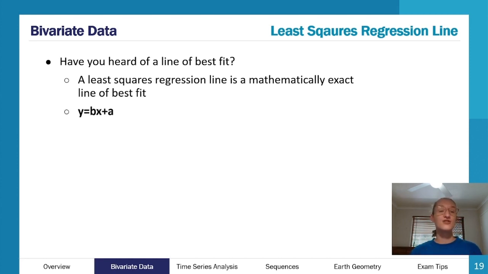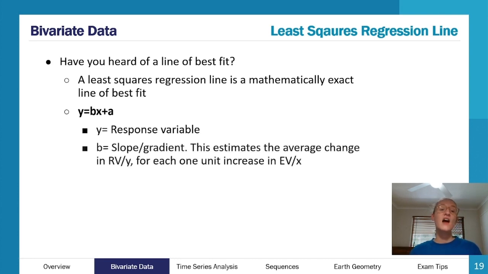The formula for the structure of how we do that is y equals bx plus a, where y is our response variable, which we've discussed. B is the slope or the gradient, which can be a little bit trickier to interpret. The gradient, or B, estimates the average change in y, the response variable, for each 1 unit increase in the explanatory variable, which is x.